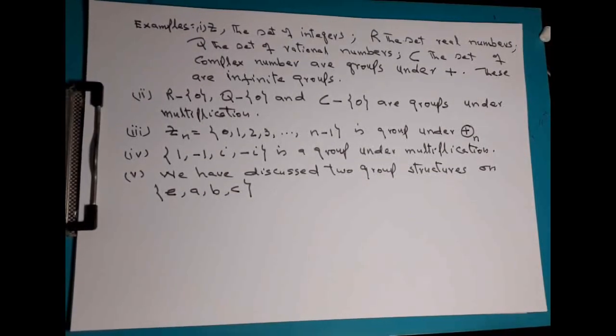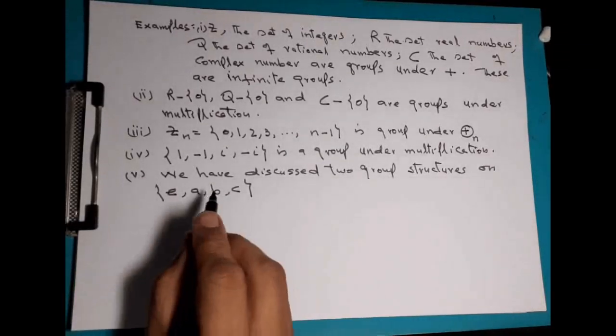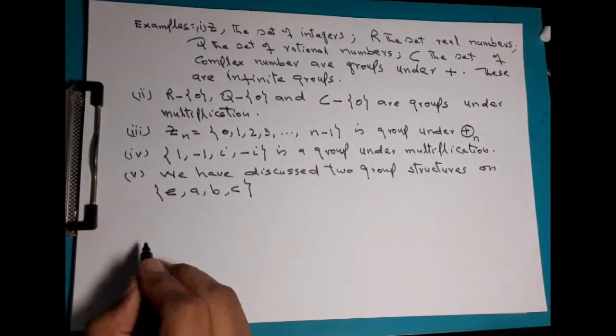These are very important group structures. One of them is called the Klein 4 group, and the second one is the cyclic group. You might know these things from your previous courses. So we can define two group structures on 4 elements.